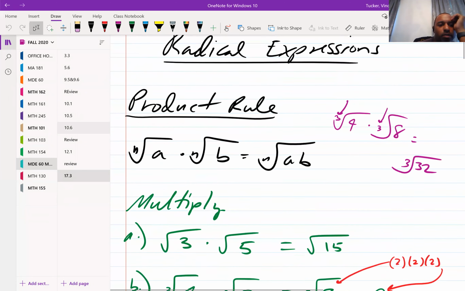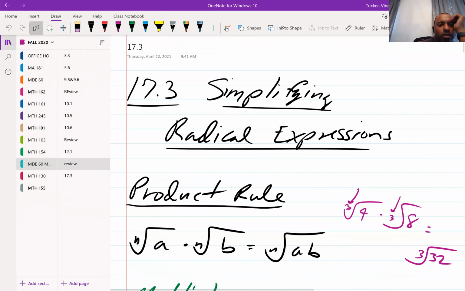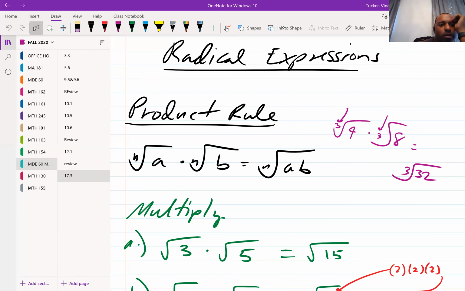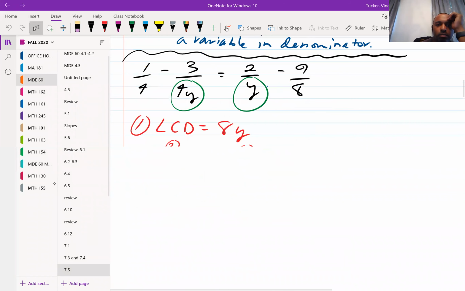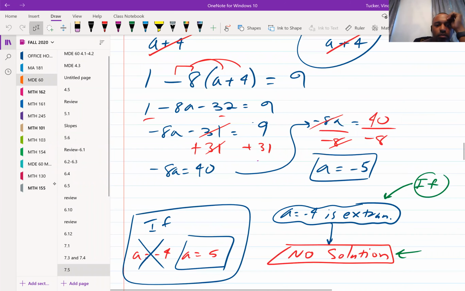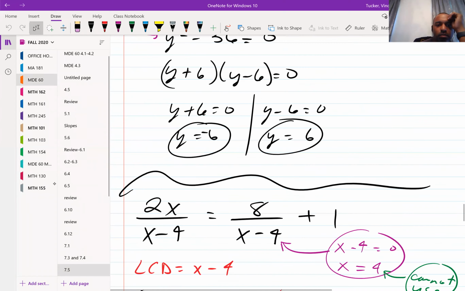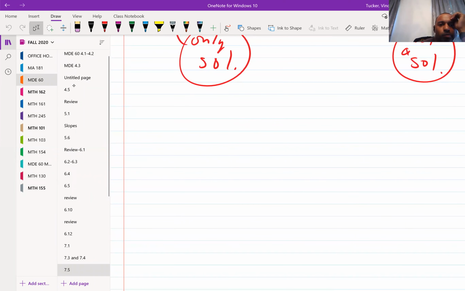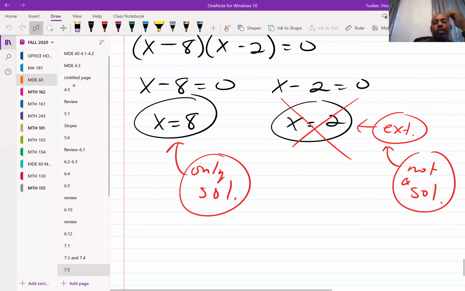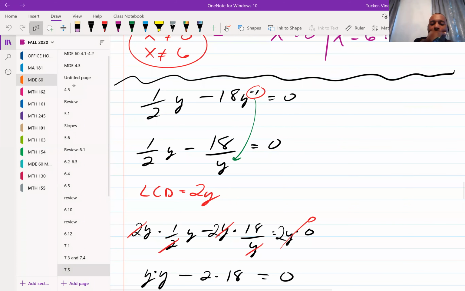That's right. Let's see where complex numbers are. Okay. There's 2 sections.